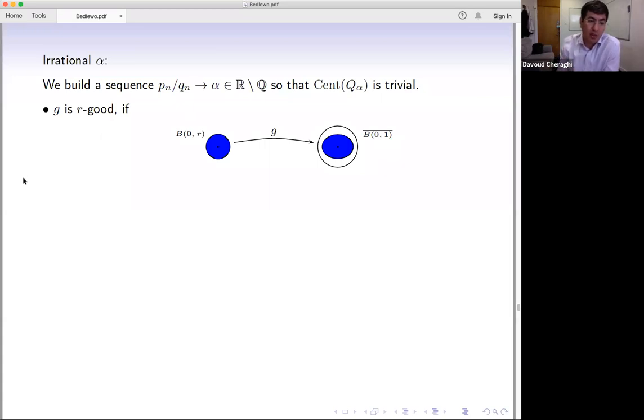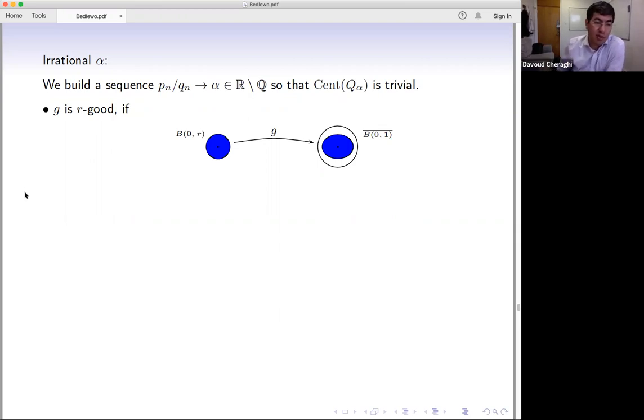This notion allows me to write the space of holomorphic germs as a countable union of these classes of maps. You just replace R with 1 over n, and the union of 1/n-good maps becomes all germs.